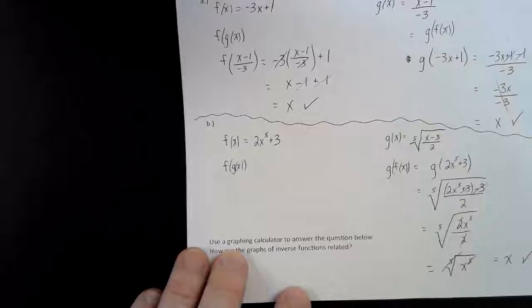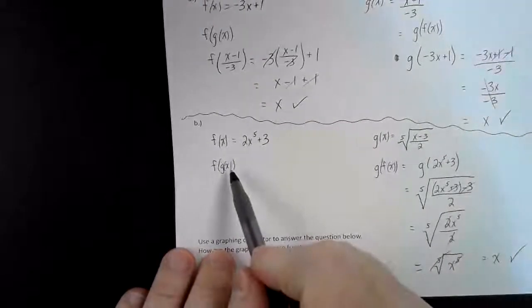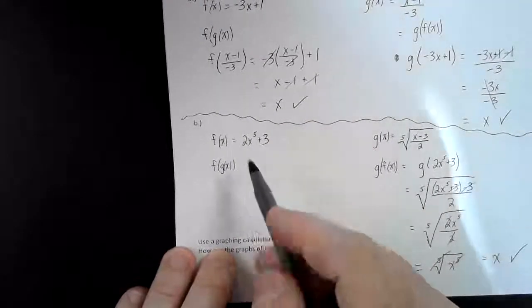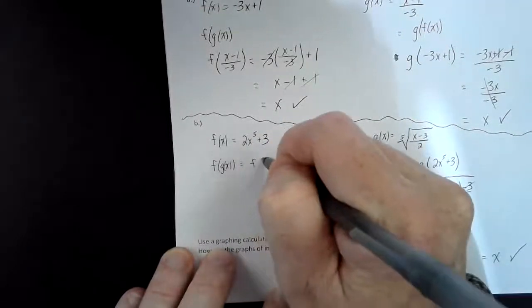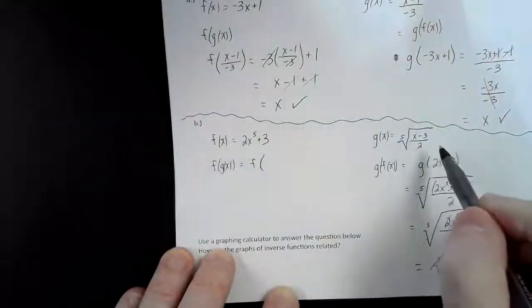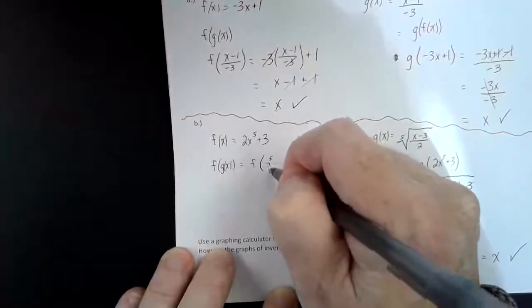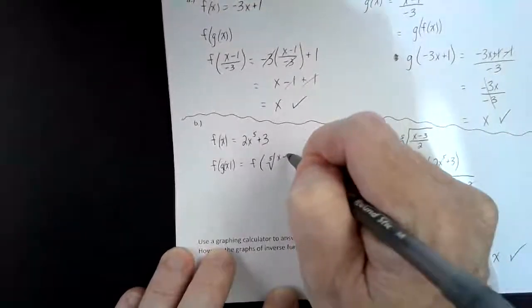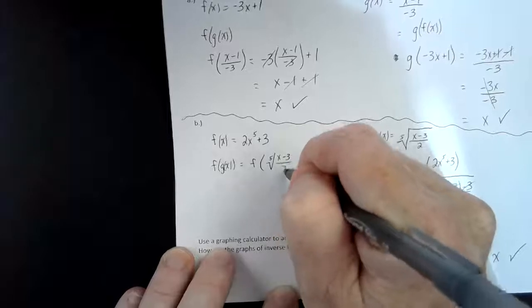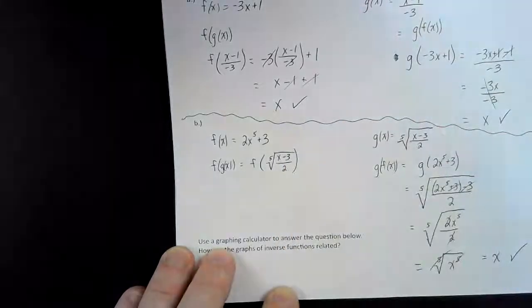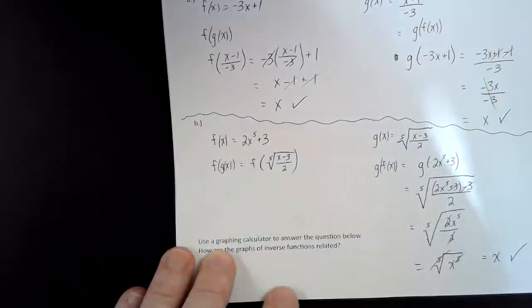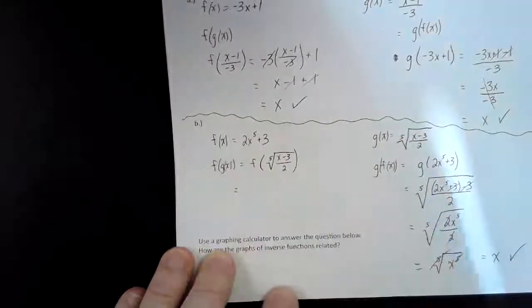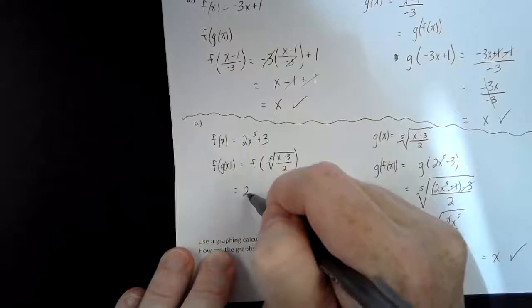All right, so I started backwards for some reason. So f of g of x, this is going to be f of, that is our g of x, the 5th root of x minus 3 over 2. So this thing is now getting plugged into that x. So we have a 2 out front.